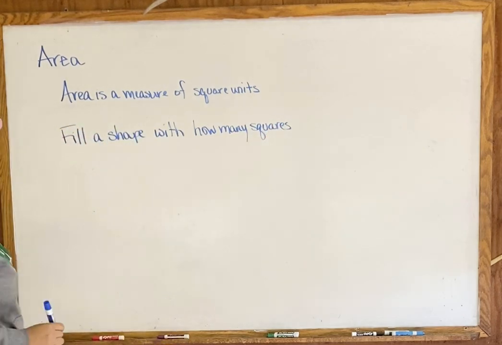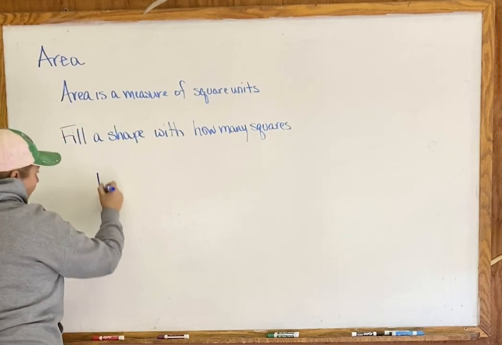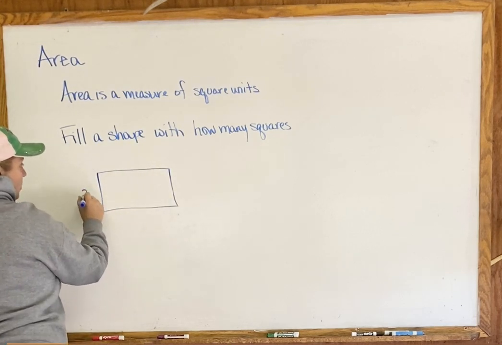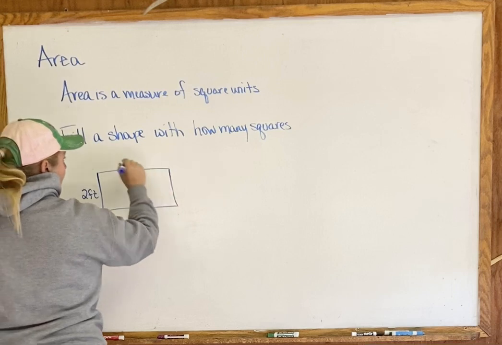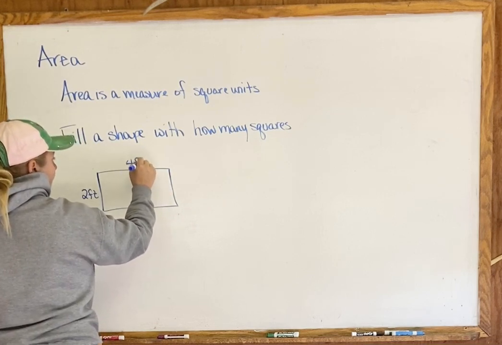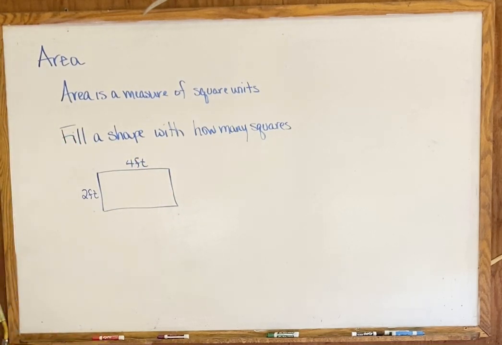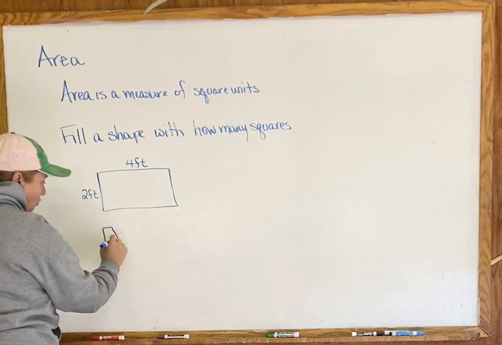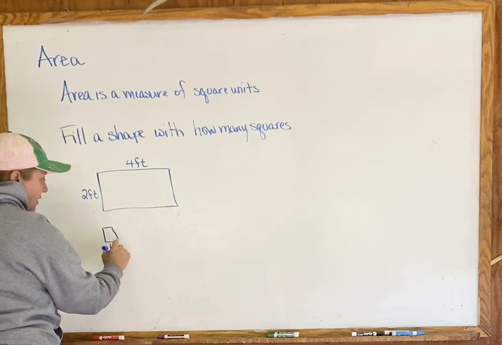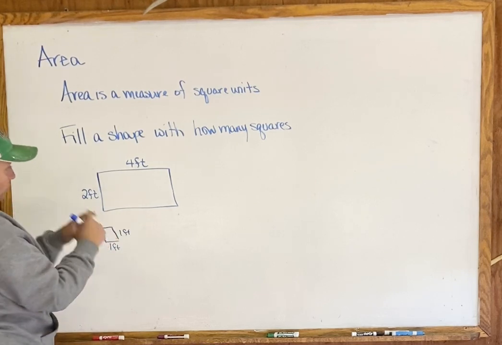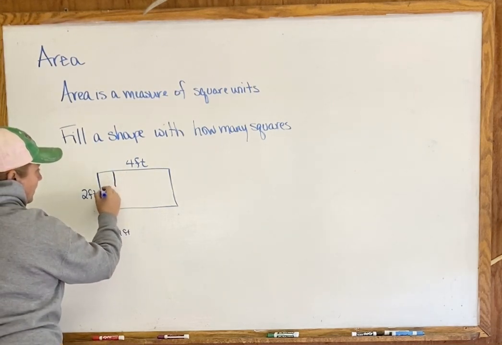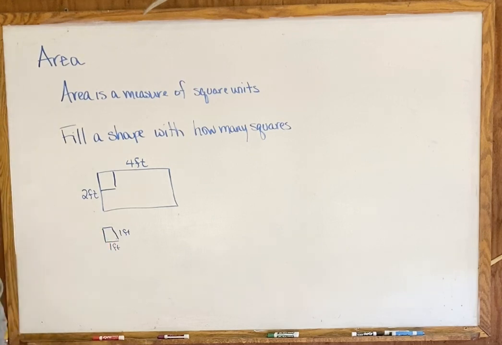Let's say that we had a rectangle that was 2 feet by 4 feet, just to make things nice and easy. Now let's say we wanted to figure out how many squares we're going to put in here, and the squares we're going to put in are little one by one squares, 1 foot by 1 foot. If we start putting in little squares here, you've got to give my scale a little bit of a break.